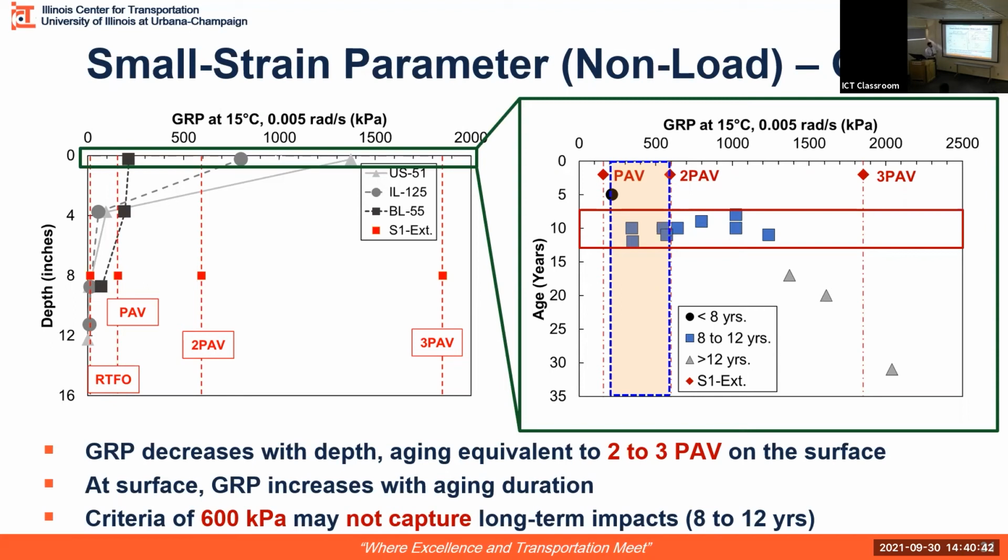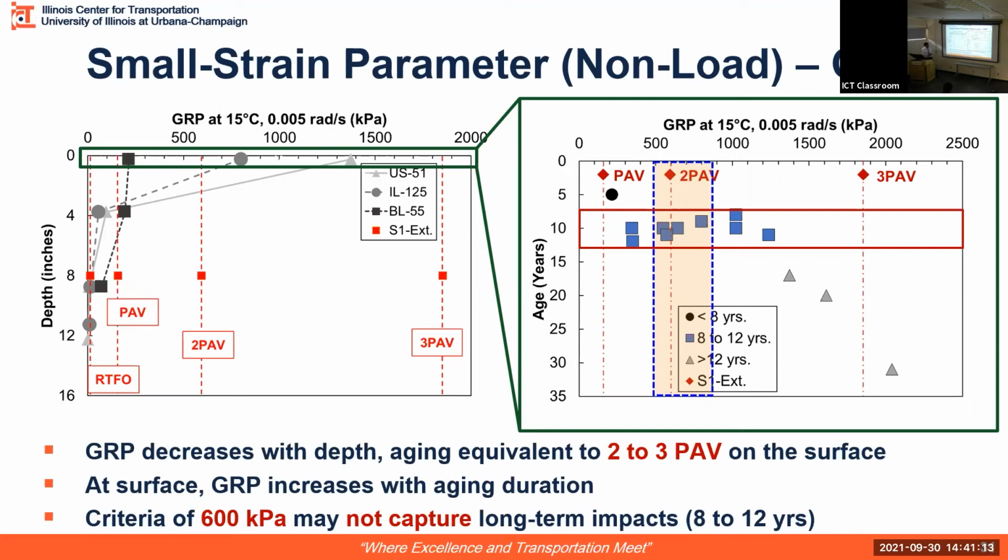And what we see is that most of these binders which were placed in the field, if we go by the standard 600 kPa criteria, which is the maximum GRP one should have, don't fit in well. So probably this is where we fit for Illinois kind of binders, somewhere around 2 PAV, which shows from our result that starting at 2 PAV, we see more differences. So probably 2 PAV is at least what the criteria should be if you're looking at certain parameters.